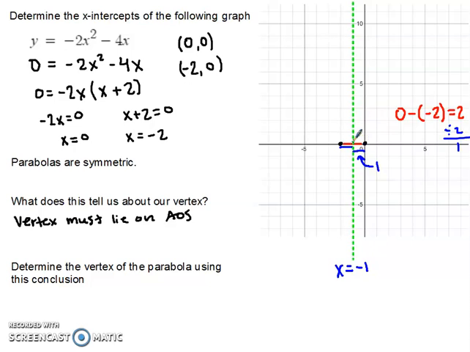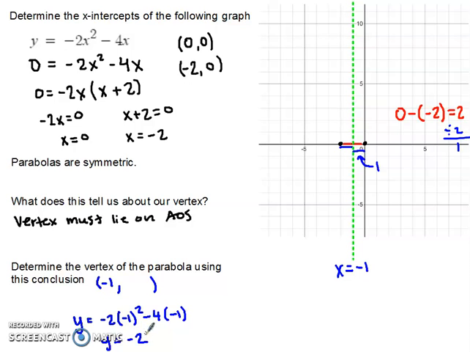To the left of 0 is negative 1. To the right of negative 2 is negative 1. So all the x values on that line are negative 1. So that means that my vertex must have an x value of negative 1. What I need to find is the y value. So I go back and I plug that into my equation. Negative 2 times negative 1 squared minus 4 times negative 1.